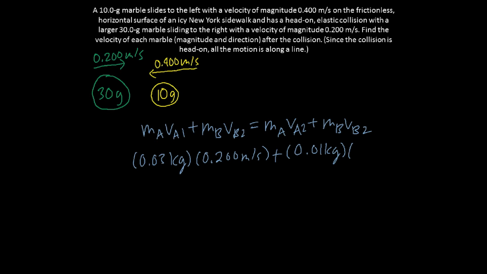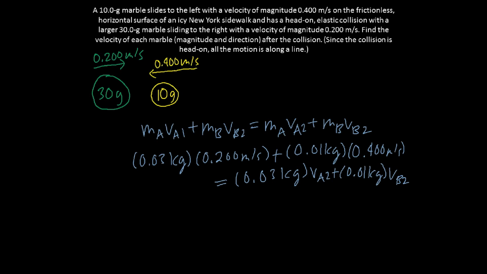So let's assume, to solve the problem, VB2 is 0.400 meters per second, equals 0.03 kilograms times the final velocity plus 0.01 kilograms VB2. Now let's add this one.